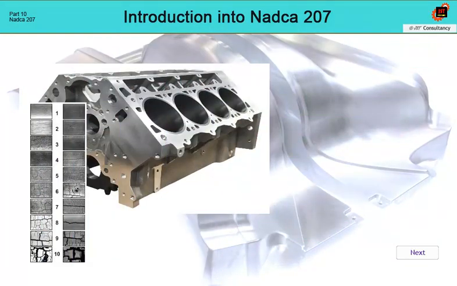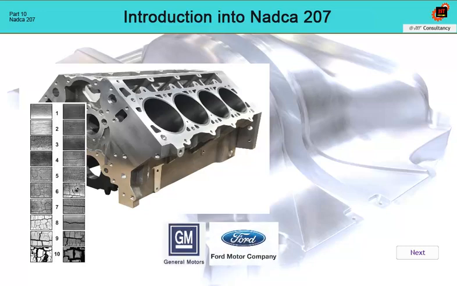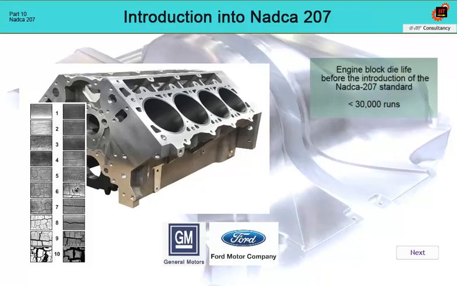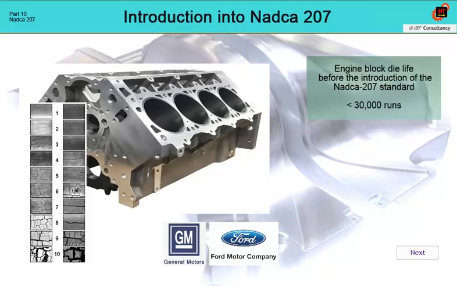The driving force behind the creation of this standard was the increase in the service life of die casting dies for engine blocks at General Motors Powertrain and Ford Motor Company in the United States. It reached an average number of pieces of around 30,000 with very uneven results.